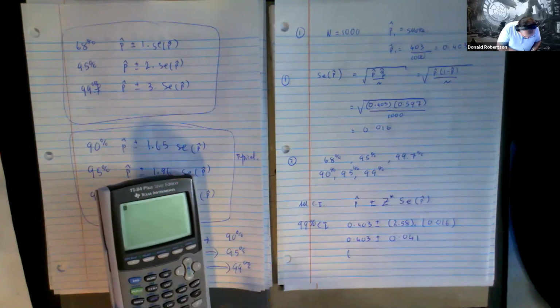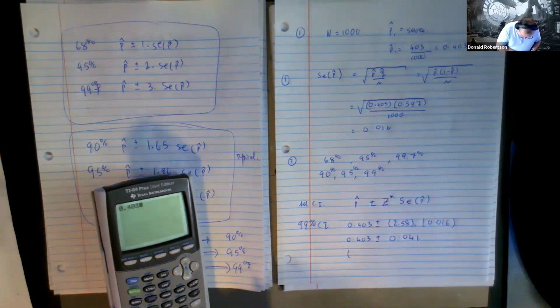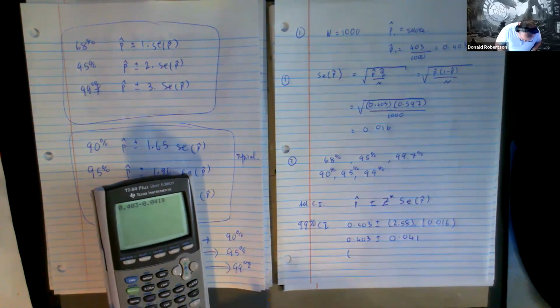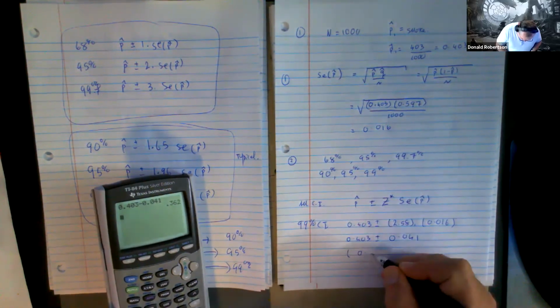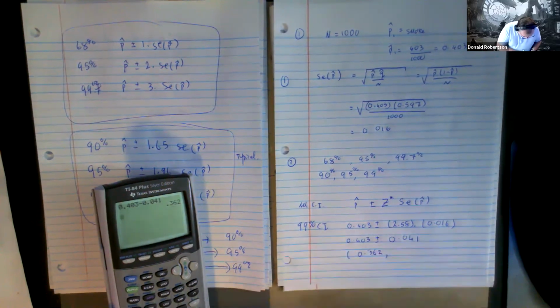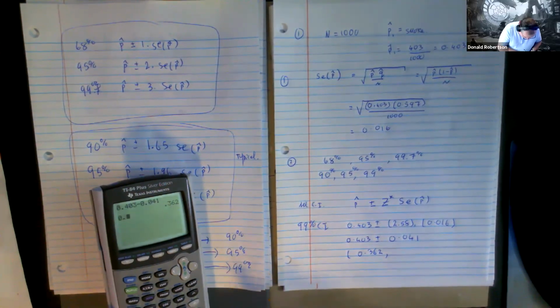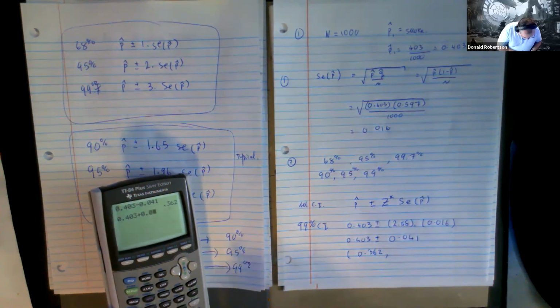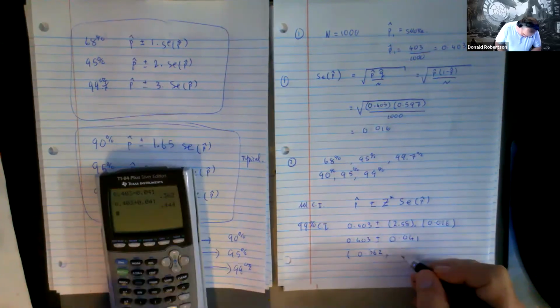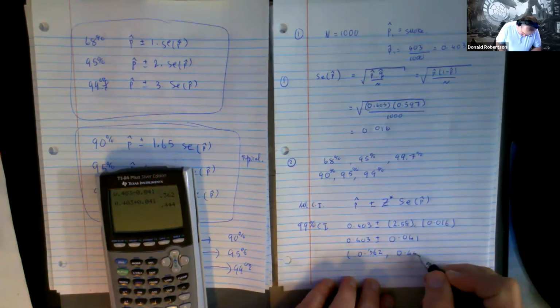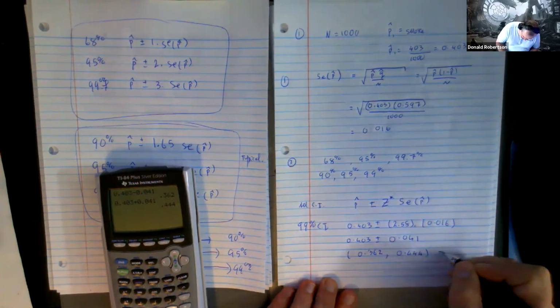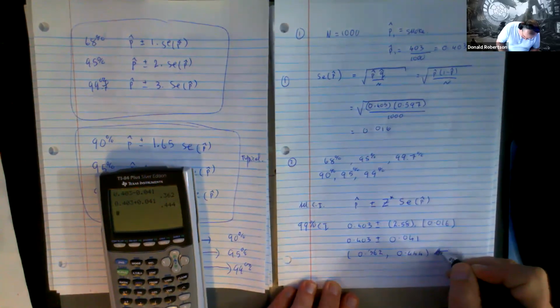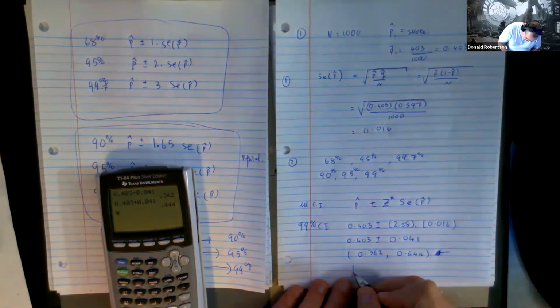So I have 0.403, take away 0.041, and that gets me 0.362 on one side. And if you go 0.403 and you add 0.041, you get on the other side a rather pretty decimal. That's pretty much the answer that goes into WebAssign.